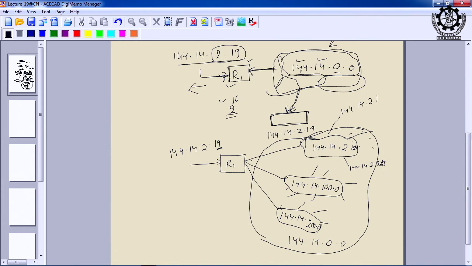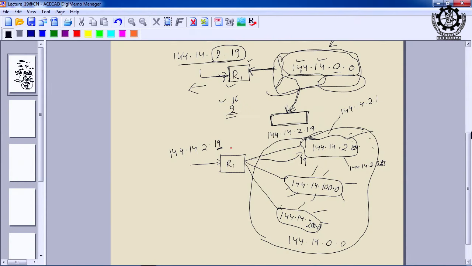So, now it identifies this subnet and delivers the packet to the host having the address 19, correct. This is the objective of dividing the bigger network into smaller networks, called subnetworks.